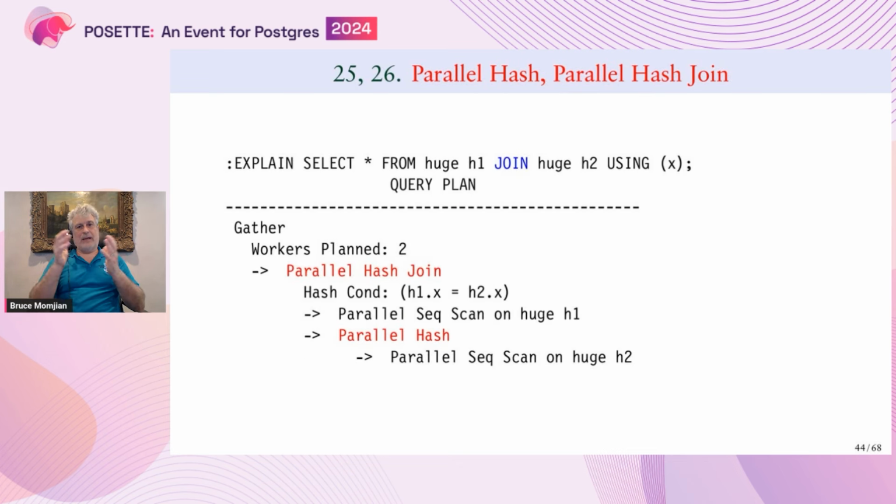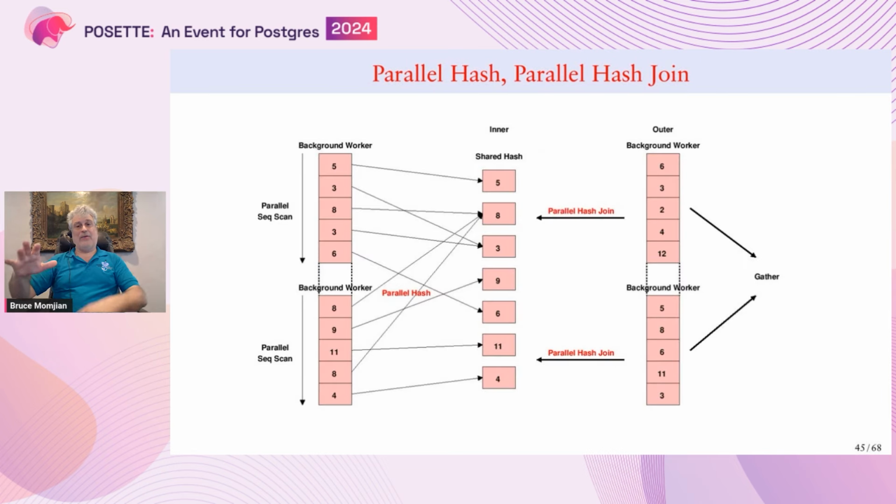Parallel hash join. This is the case where you're doing a join in parallel. I know this diagram is kind of off the charts, but I'm going to walk through it. You have to kind of go back and forward here. What we're going to do is take this table in two pieces. We're going to create a shared hash of this large table. We have two parallel sequential scans on the same table.